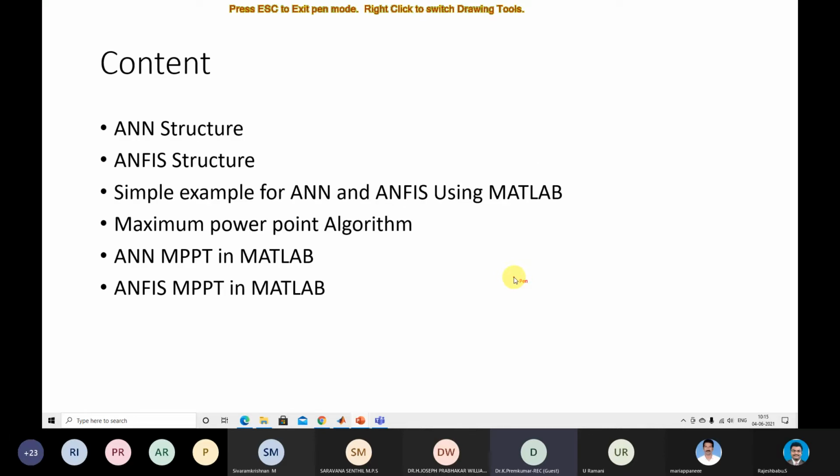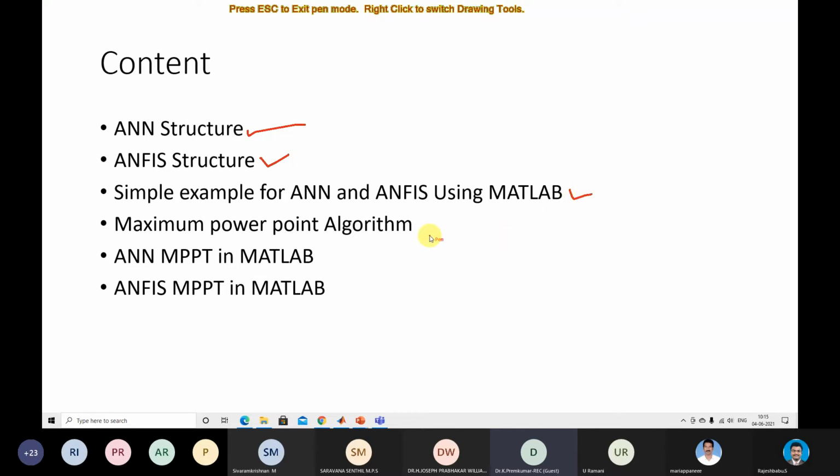So this is the presentation outline. We have to discuss the ANN structure, and next the ANFIS structure, and then we go for some simple examples in ANN and ANFIS using MATLAB.